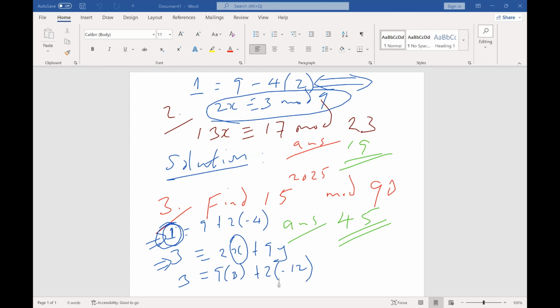It is this -12 that we're reducing to mod 9, and it gave us 6. So when you reduce -12 to mod 9, it gives you 6. So that is just clarification on the first question we did.